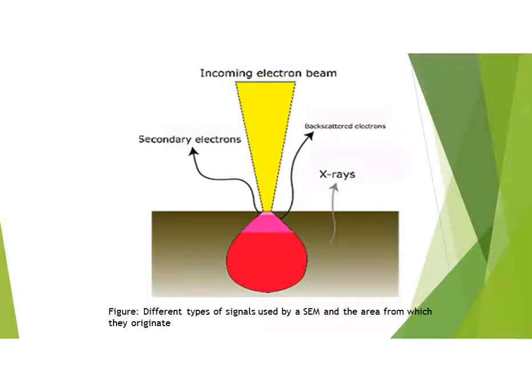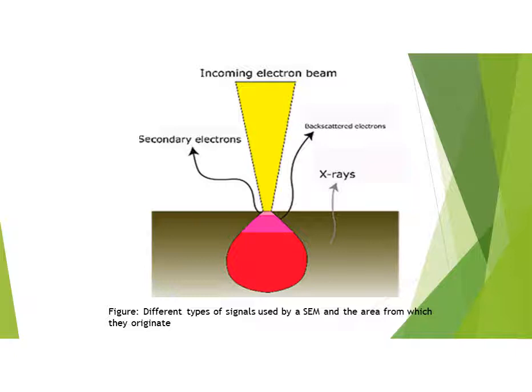In this schematic diagram, the different types of signals that are used by the scanning electron microscope and the areas from which these signals originate are shown. You see here the yellowish colored incoming electron beam.